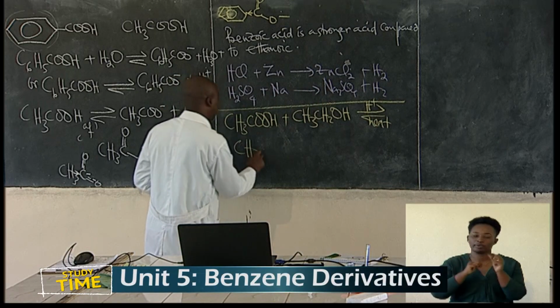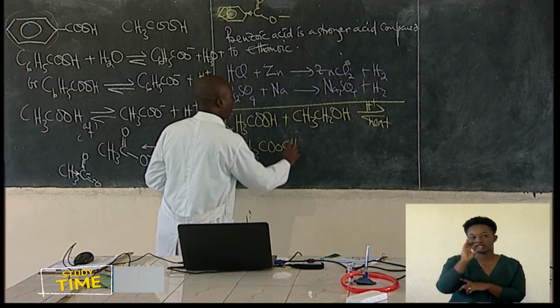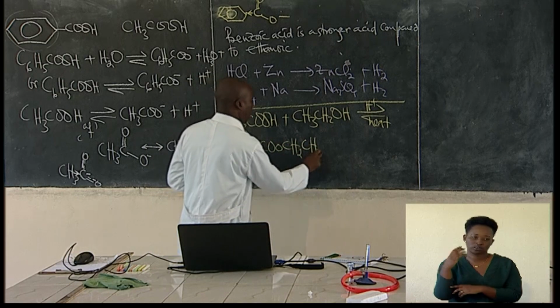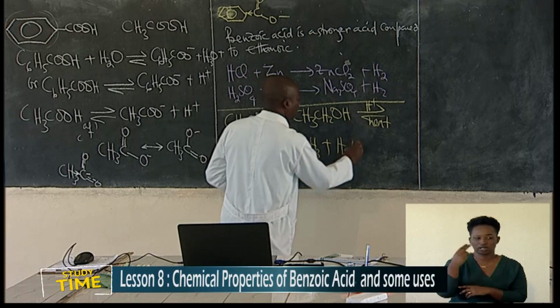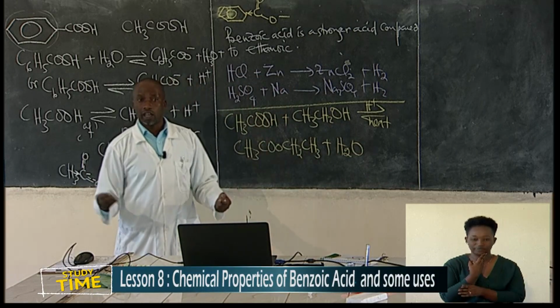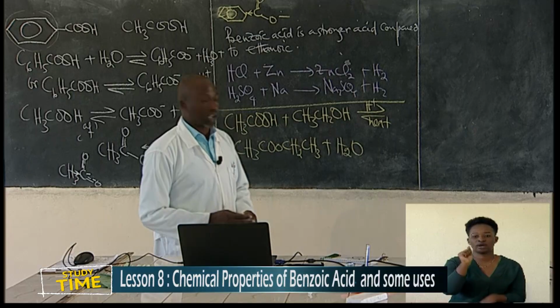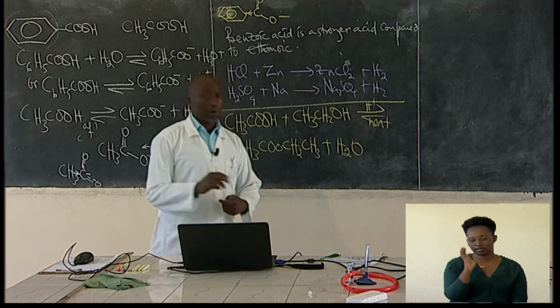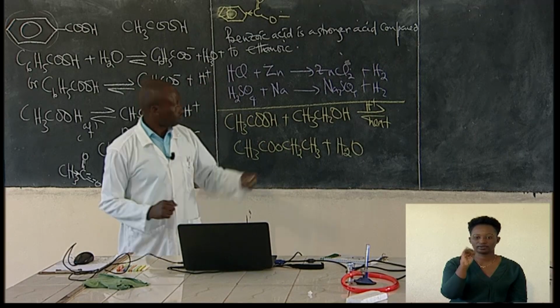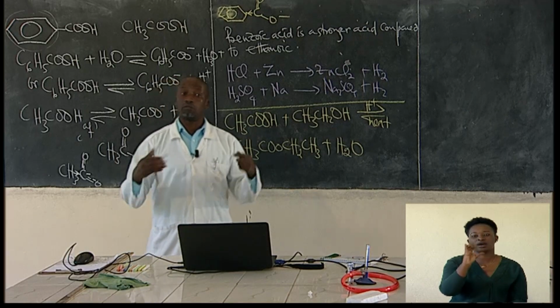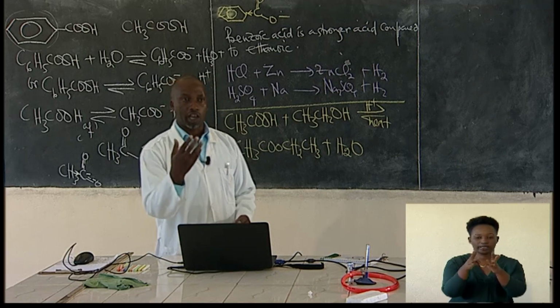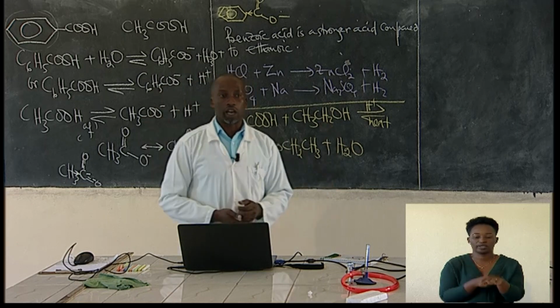We are going to get an ester and water. This is an esterification, similar to the aromatic carboxylic acids. I had even discussed the mechanism when I was talking about the alcohols.